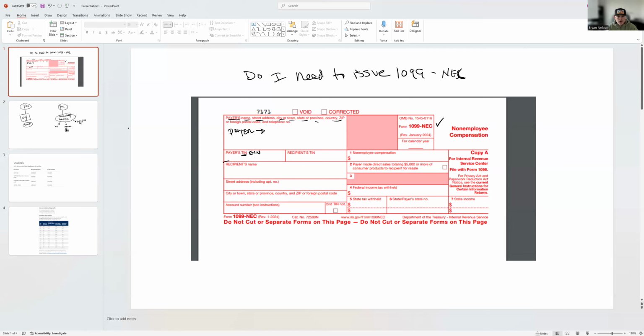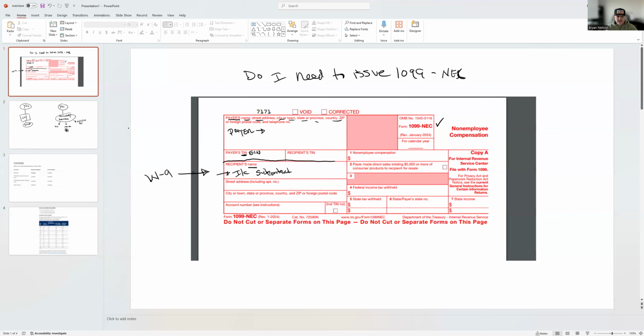And then down below this section we have the recipient. So this is going to be the independent contractor, the subcontractor, whatever you call it. And then you're going to put their name, can be their individual name, their business name. It's all going to be dependent on how they actually filled out the W-9 form, is how you're going to put the information over here on the 1099 form.